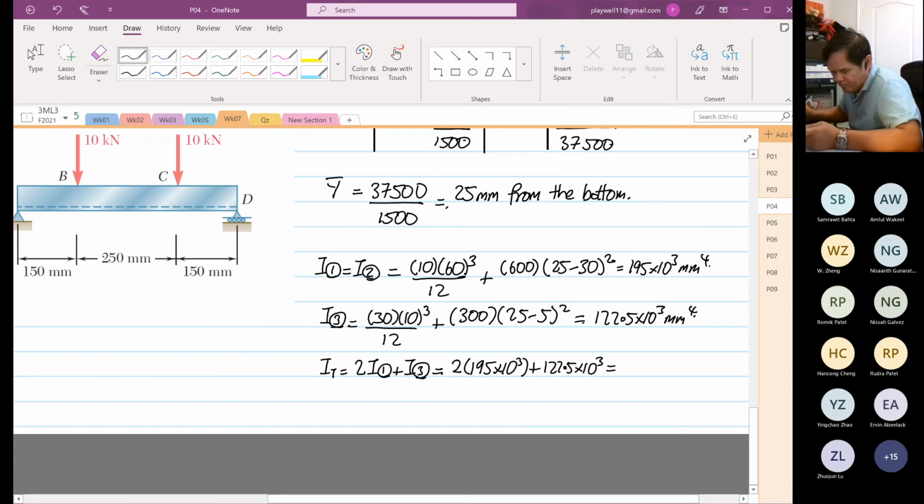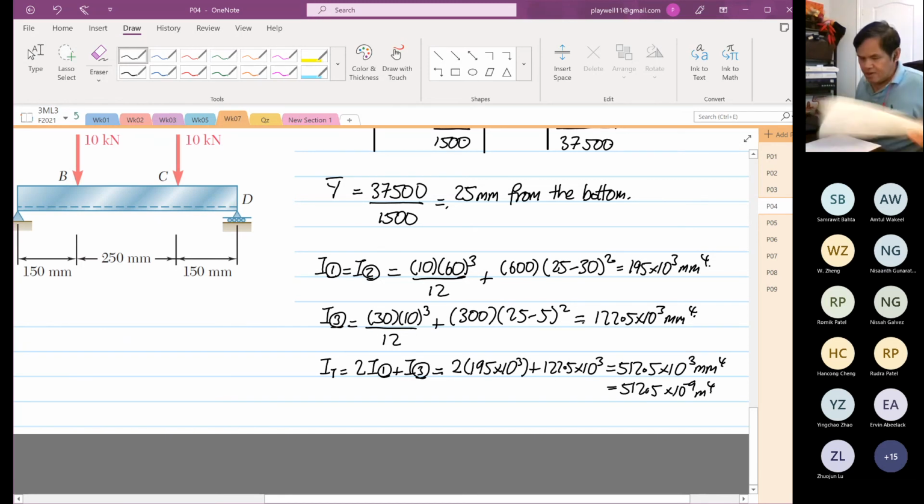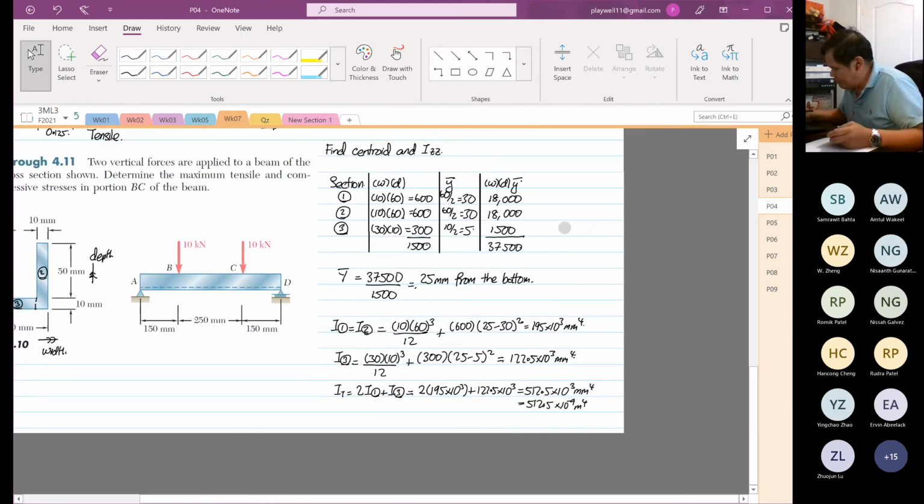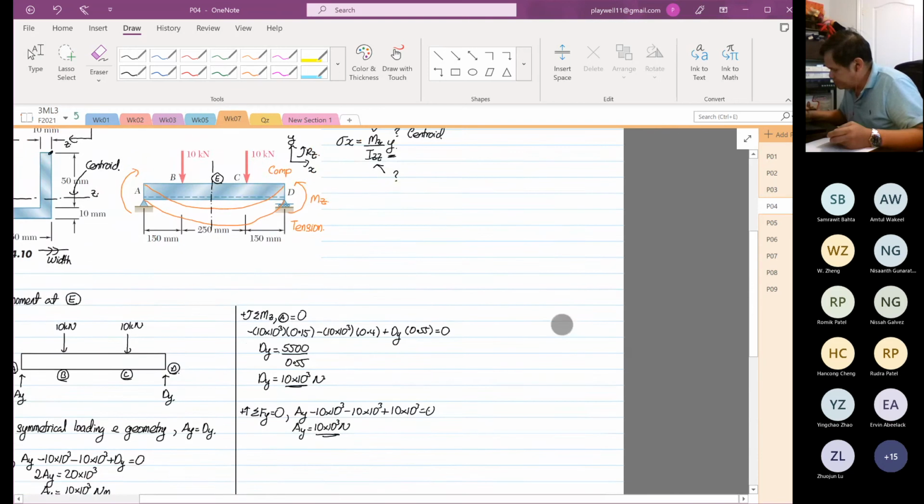I get 512.5 times 10 to the power 3 millimeter 4. So this is 512.5 times 10 to the power minus 9 meter 4. So that is the second moment of area. So now we are almost done. We found our second moment of area.